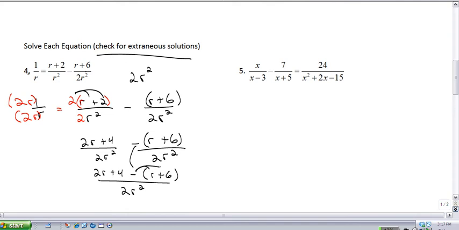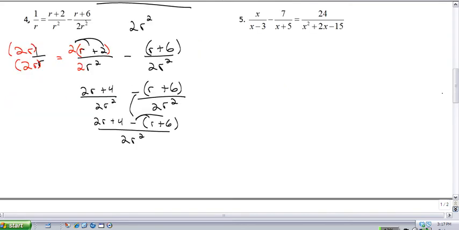You distribute your subtraction, and you're going to get 2r take away r, so you get r, minus 4 minus 6, plus 2 over 2r squared. And the left-hand side was 2r over 2r squared.